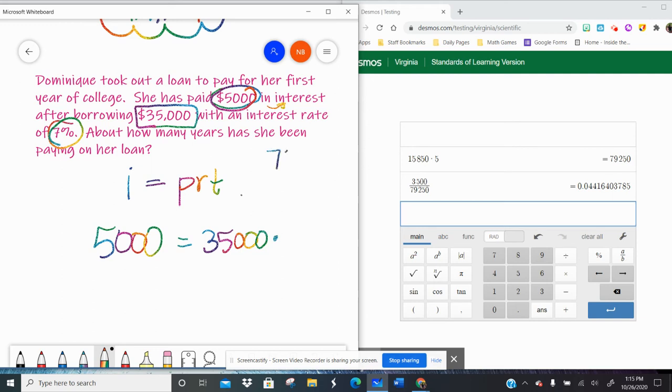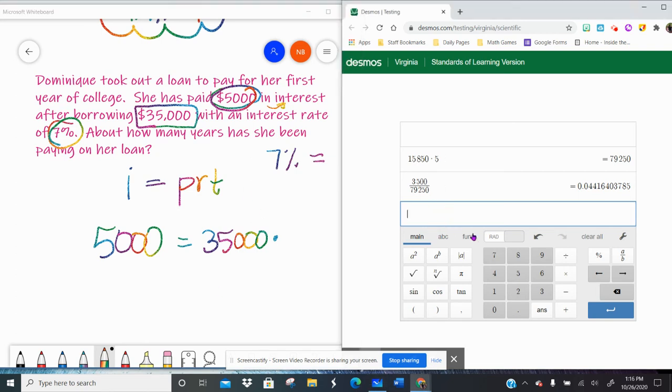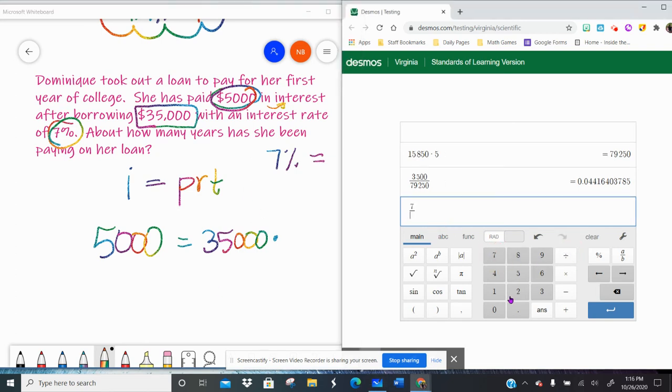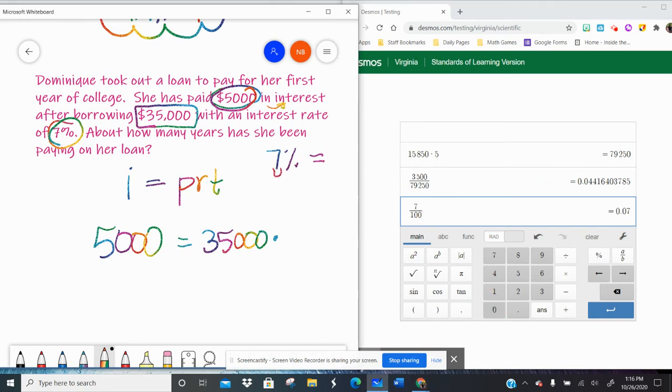So remember, 7% as a decimal. If we wanted to do it in our calculator, we take 7 divided by 100. Or again, we move the decimal 2 spaces to the left, Beyonce style. 0.07 times t, because I don't know how much time it's been.